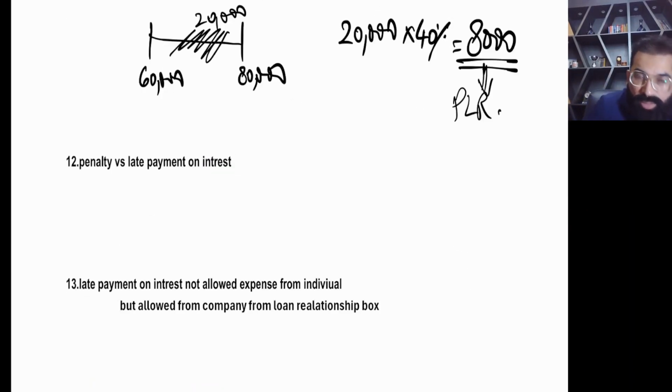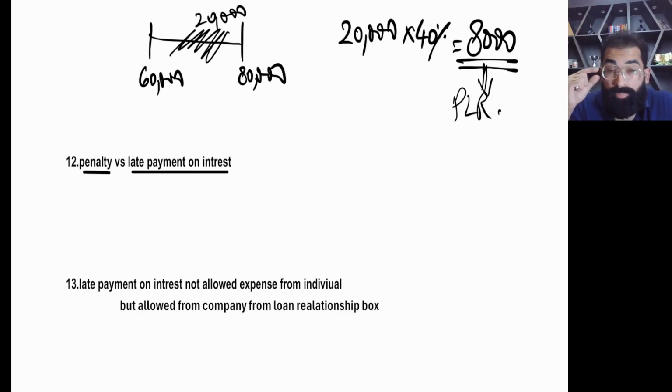Then there is one thing for self-assessment individual which we call penalty, and there is one thing which is called late payment interest. That is 6.5% now. Penalty is only applied when you pay balancing payment late, but late payment interest is applied on both cases: if you pay payment on account late or balancing payment late.